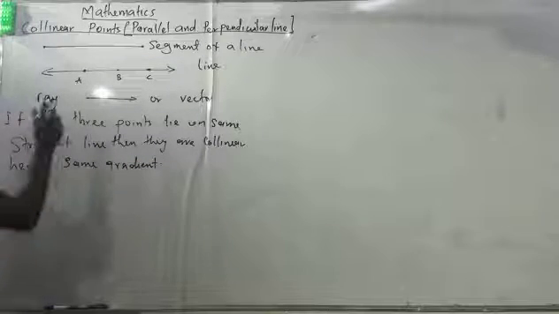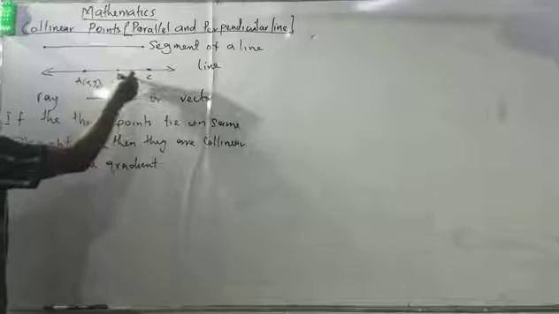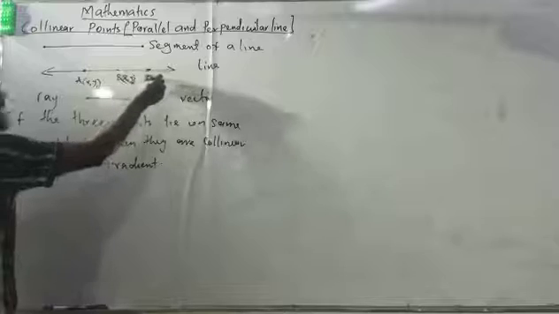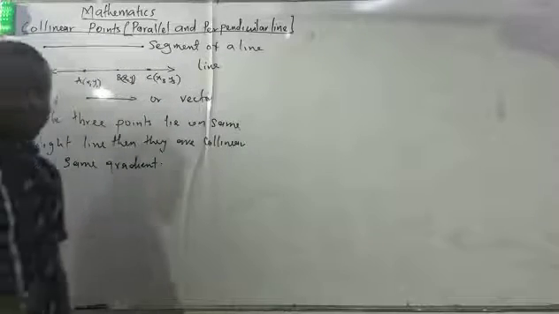For instance, these are points (x1, y1), (x2, y2), (x3, y3). You can see each is a coordinate, which is a point.